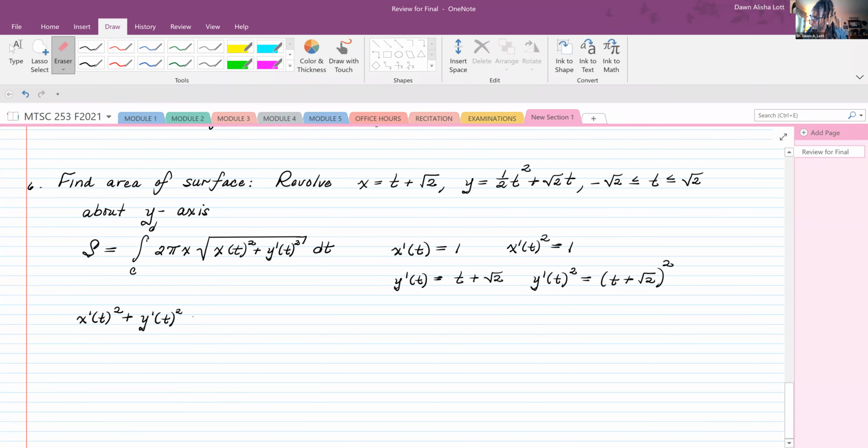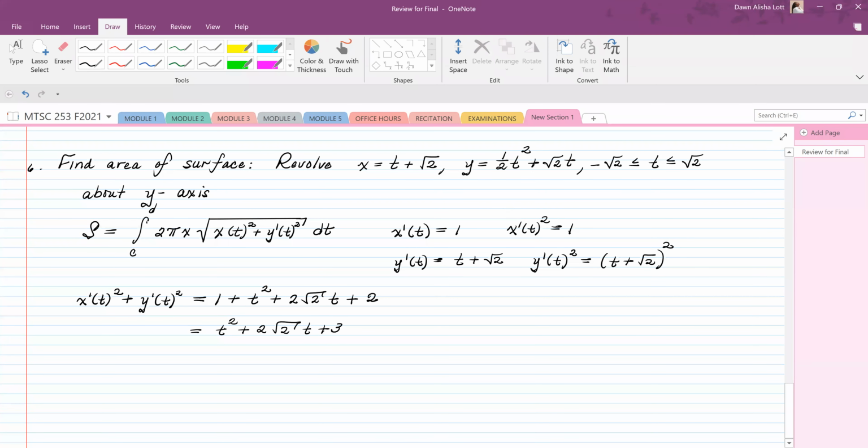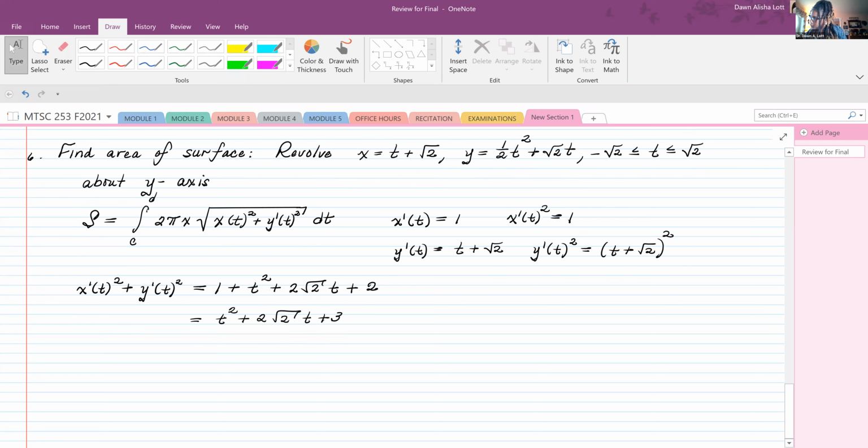Okay, so what do you get? 1 plus t squared plus 2t square root of 2 plus 2, so plus 3, right? Yep. And then you take the square root of that.